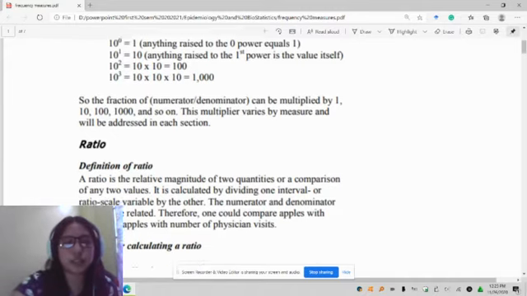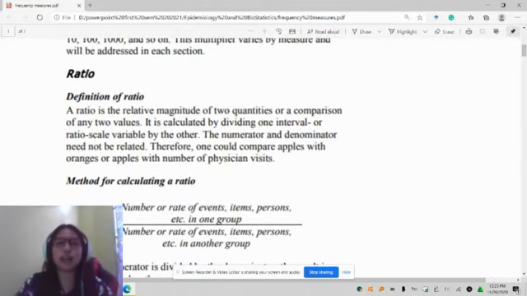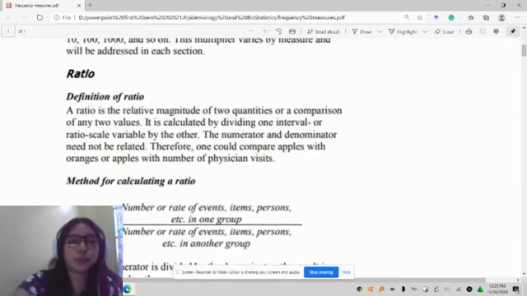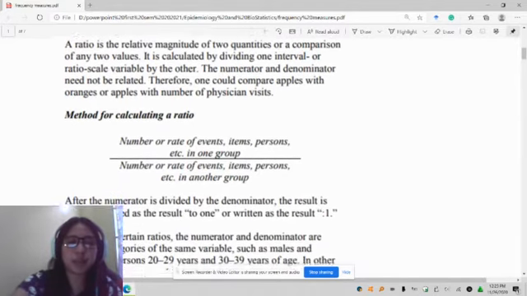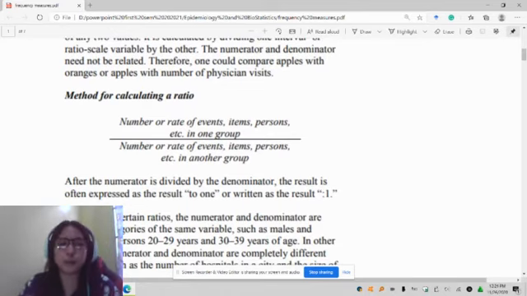Just to give you a brief definition, a ratio is the relative magnitude of two quantities, or a comparison of any two values. It is calculated by dividing one interval or ratio scale variable by the other. The formula is the number or rate of events, items, persons, and others in one group over the number or rate of events, items, persons, etc. in another group.